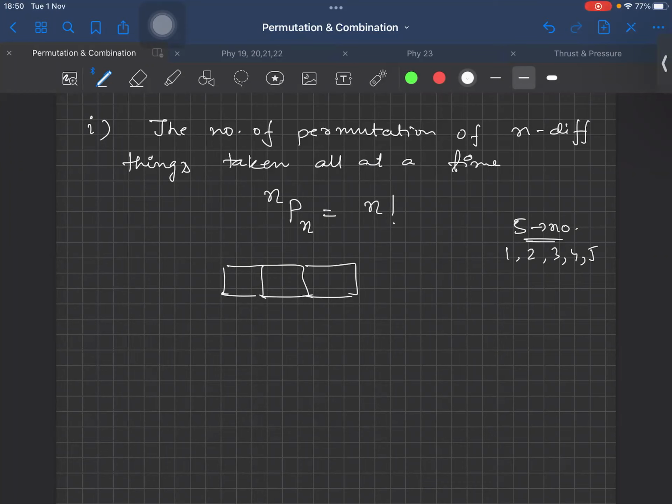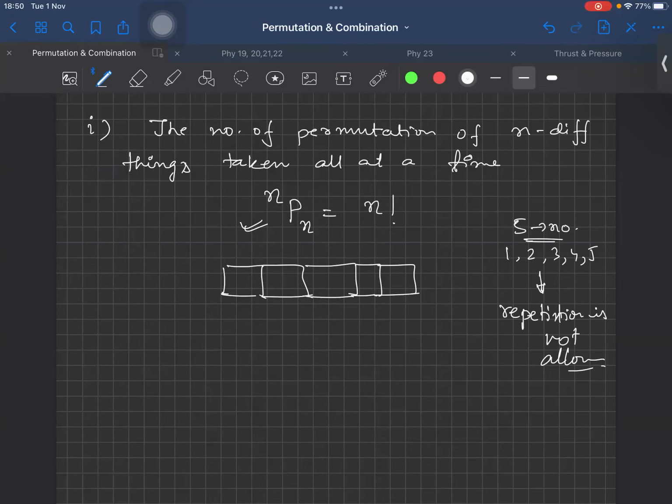And NPN we have to explain, right? So 5 positions are there, and there are 5 different numbers. Repetition is obviously not allowed. That's the meaning of permutation, because order matters here.